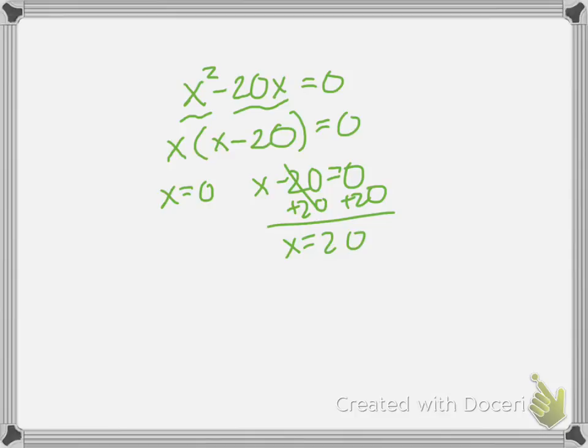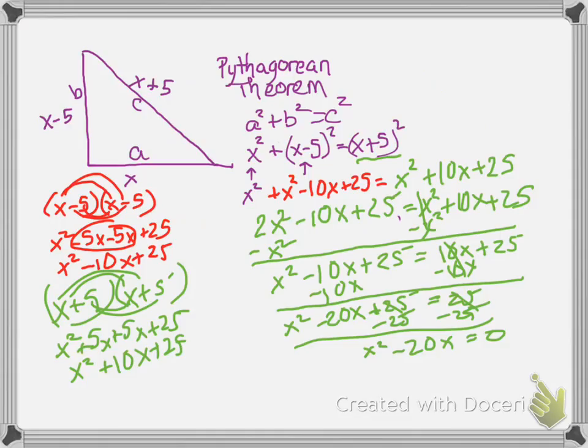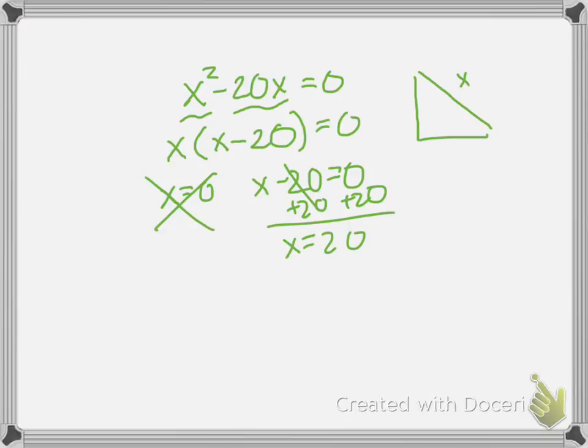I know that it doesn't make sense that x is 0, because in the original, this was x, let me go back and look, this was x plus 5, this was x minus 5, and this was x. Well, a distance can't be 0, so I know that that answer I don't want, because with this quadratic equation you sometimes get two solutions, and depending on the context, one of them would be ridiculous. So now I know that the answer must be 20.